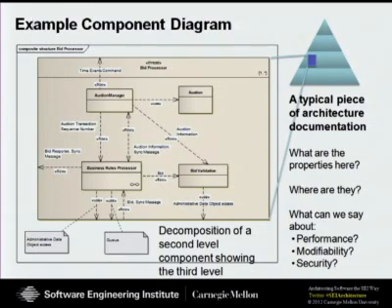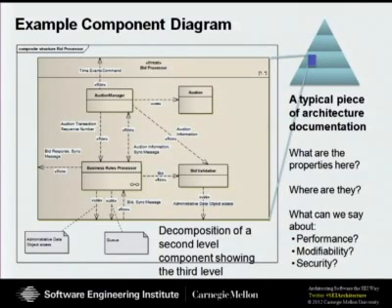Let me give you an example. Here, that little diagram, you don't have to understand the details, but that little diagram is a piece of an architecture document. Very typical. If you would get an architecture documentation, actually a good architecture documentation, in quotes, the good, you would see something like the diagram that you see here.